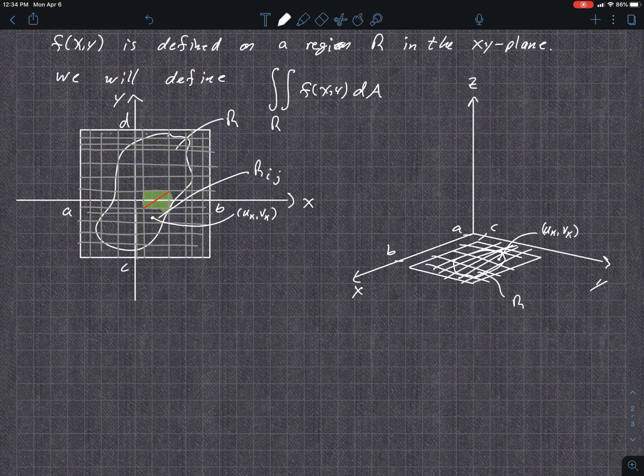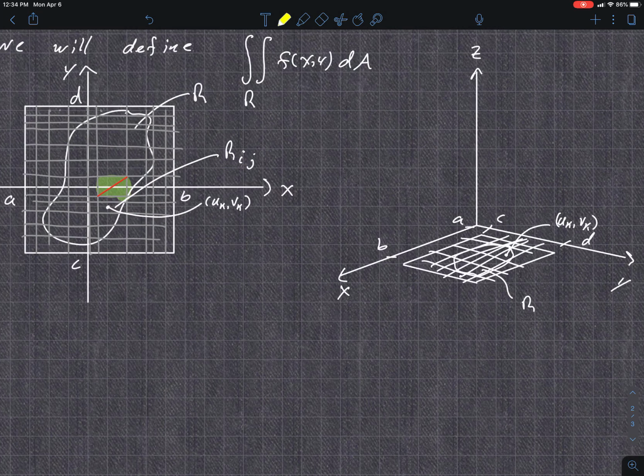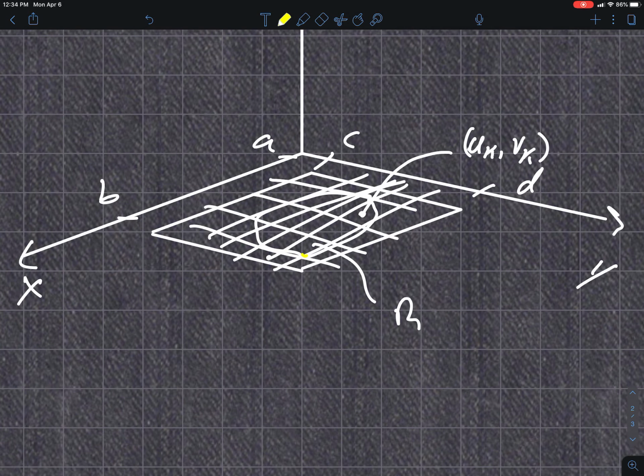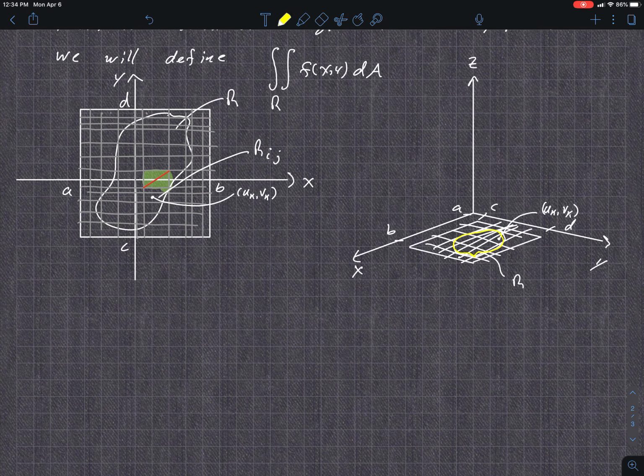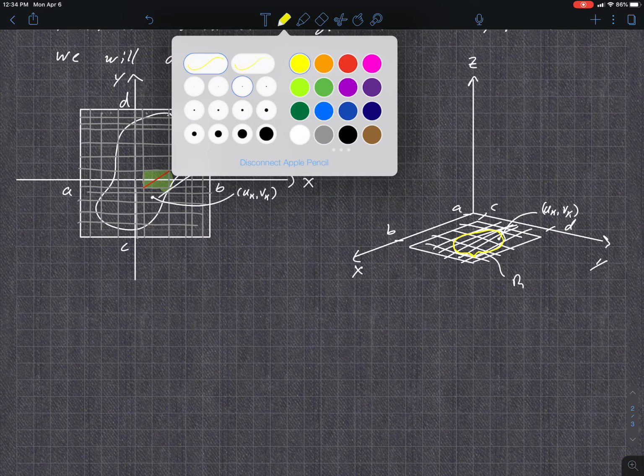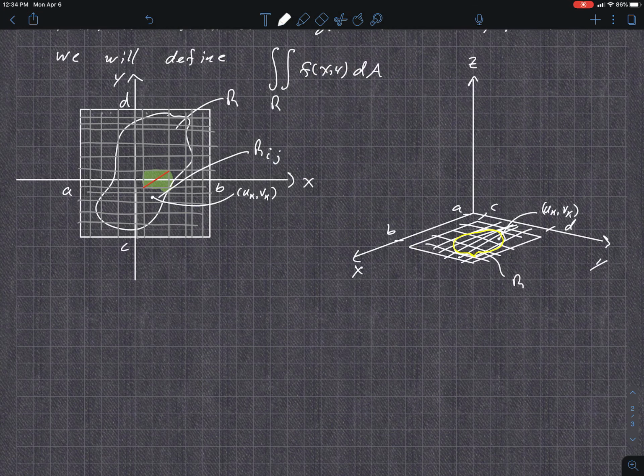Similarly, this goes from A to B and then C to D. Let me draw in the region R so you can see it a little better. It looks something like this. This is your region R that's inside. And now that's the setup. That's kind of the picture.